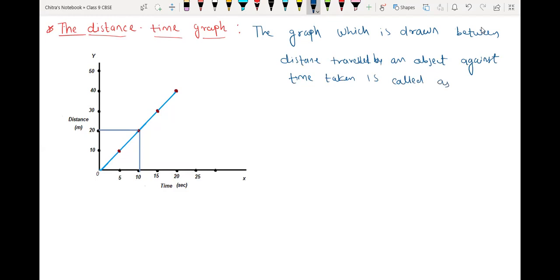Yes, it's called as distance time graph.